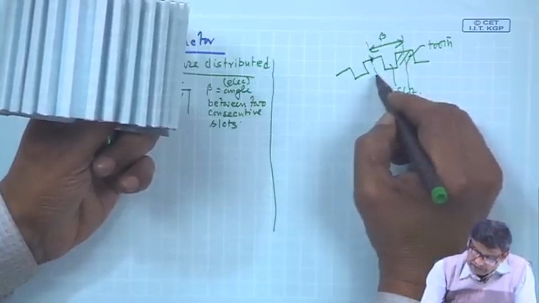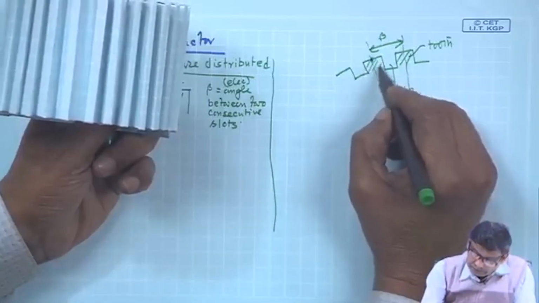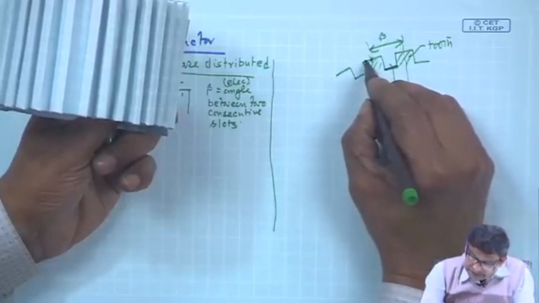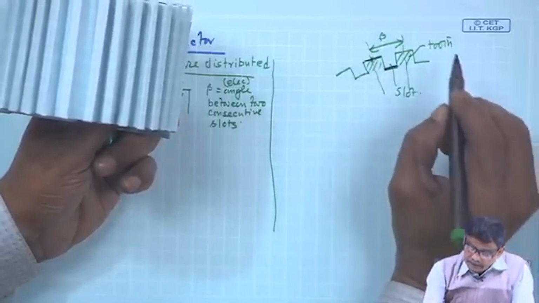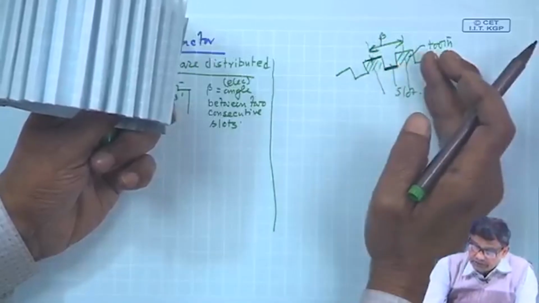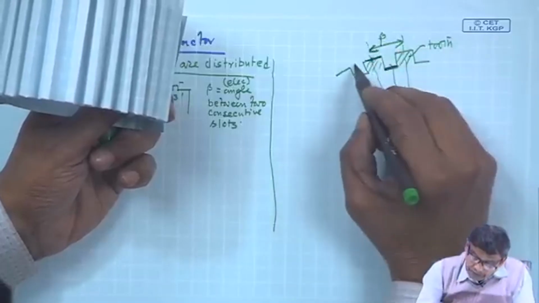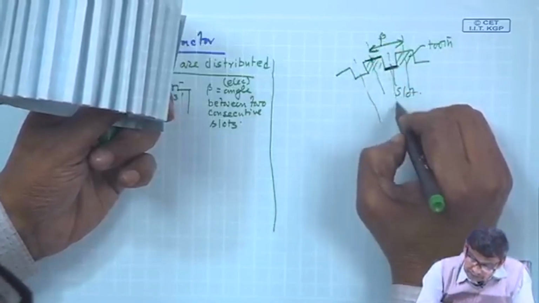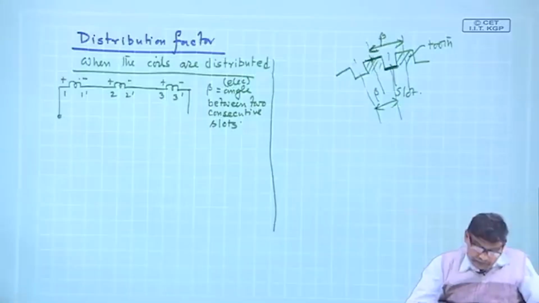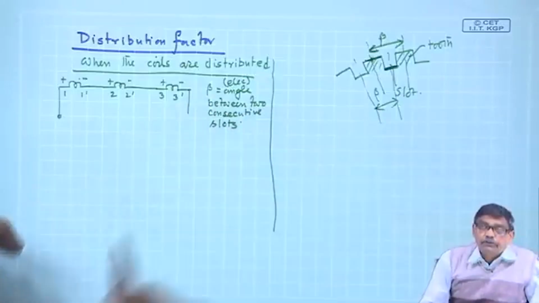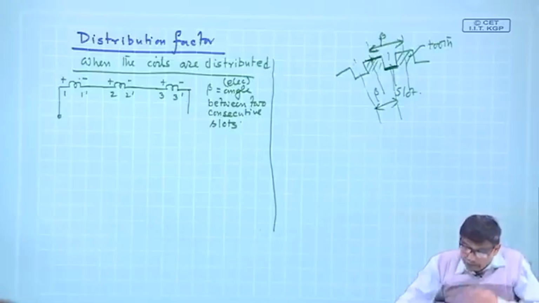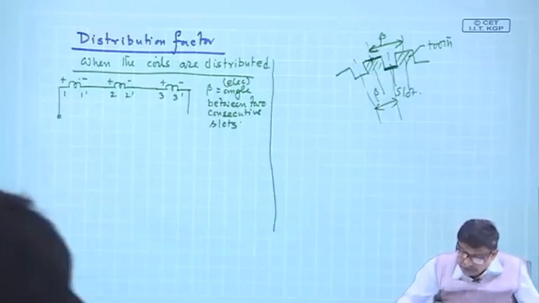So, this is called tooth pitch and slot pitch, they are all the same, that is this and this are the same length. So, when I say the angle between the 2 consecutive slots is beta, I mean this or this, they are one and the same thing. Okay. So, beta is the angle between 2 consecutive slots, and suppose I have distributed my coils in 3 consecutive slots.